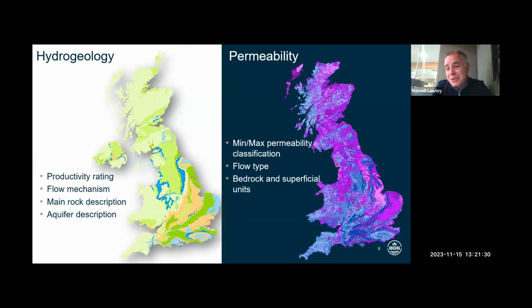Once you download the data, you can obviously do what you like with it, but the important thing to bear in mind is that there's quite a lot to think about in this. This is probably a step beyond the standard geology map, where you slap the layers together and it makes a pretty picture. With this one you have to think about, if you think about the superficial thickness model, we are describing the permeability of the surface superficial deposits and the surface bedrock deposits in the context of a 3D world.